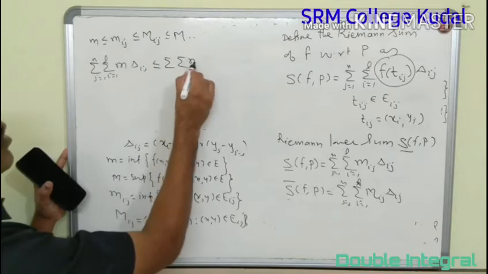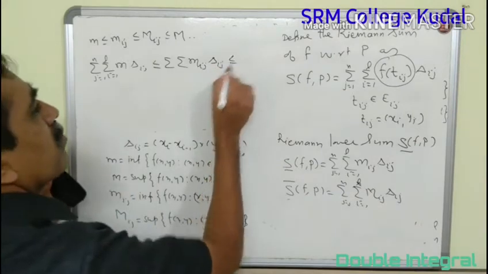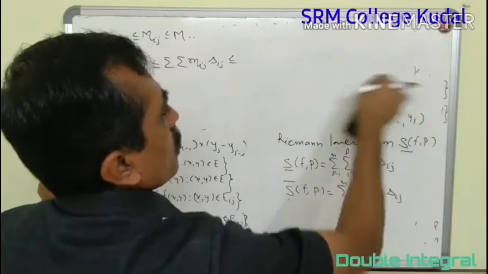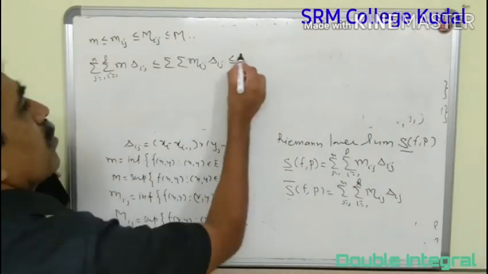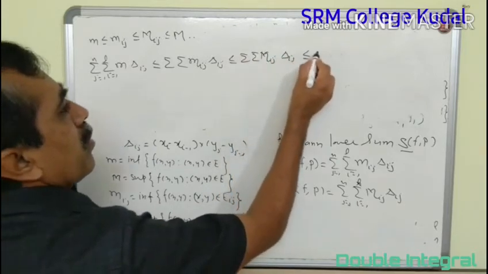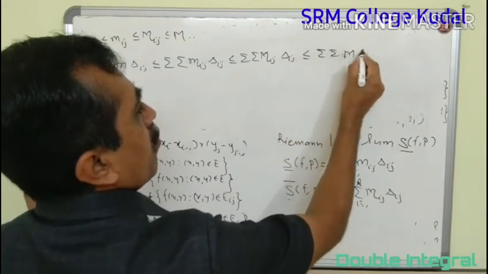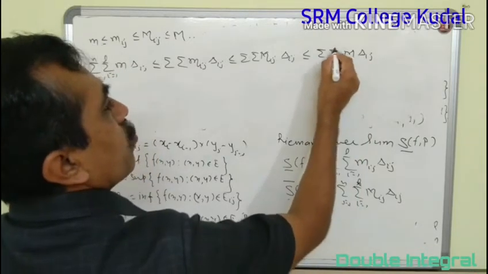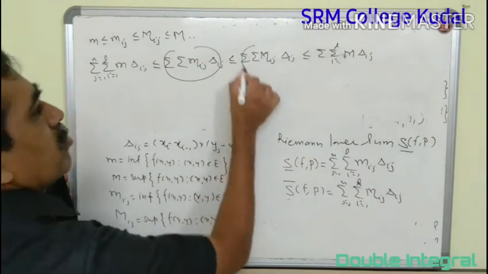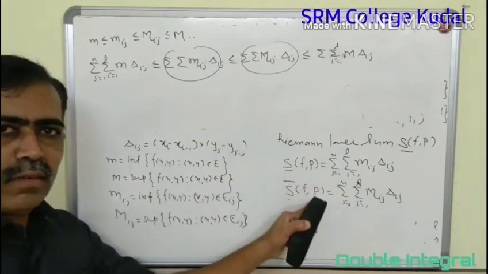So we get the double summation of mij delta ij, less than or equal to the double summation of capital Mij delta ij, less than or equal to the double summation of capital M delta ij, where again i is from 1 to L and j is from 1 to n. Now just see these two: this is nothing but the Riemann lower sum and this is nothing but the Riemann upper sum.